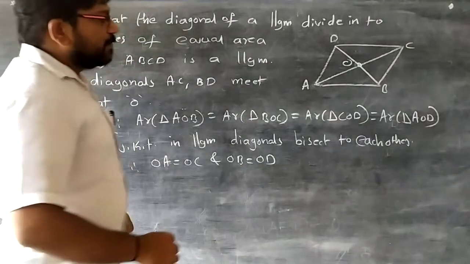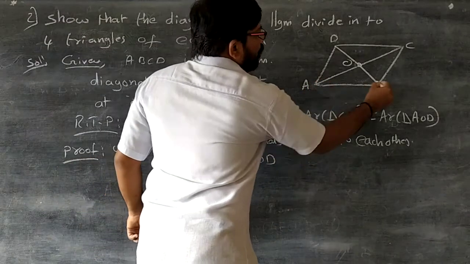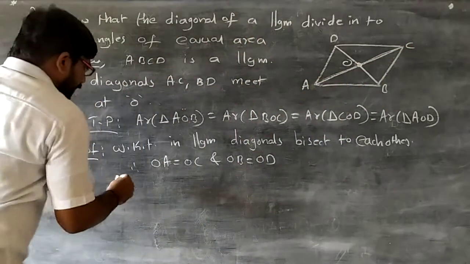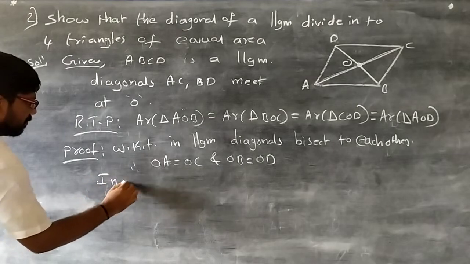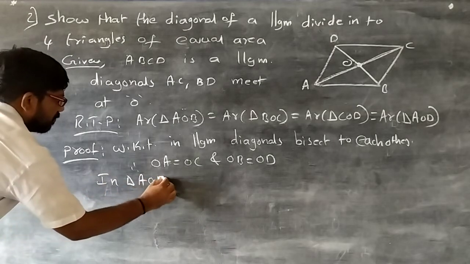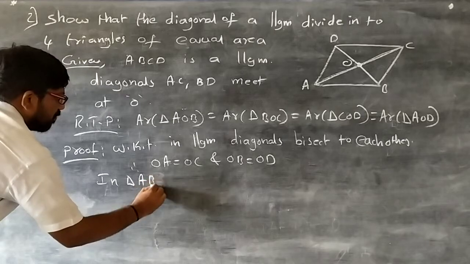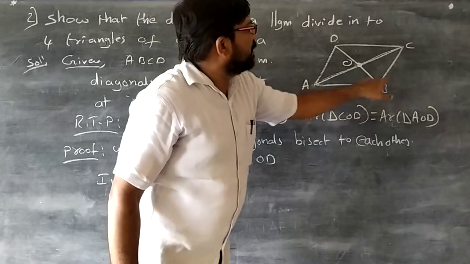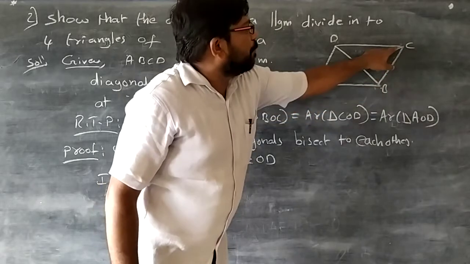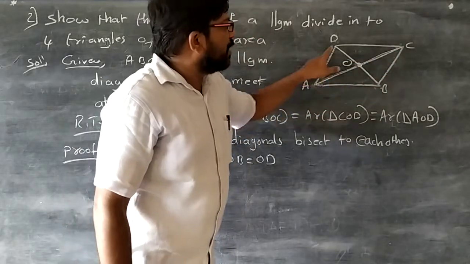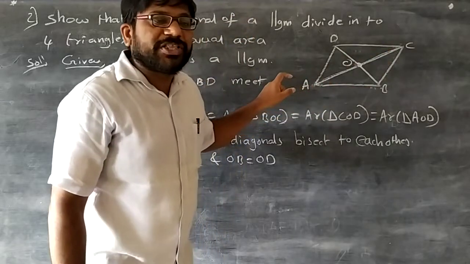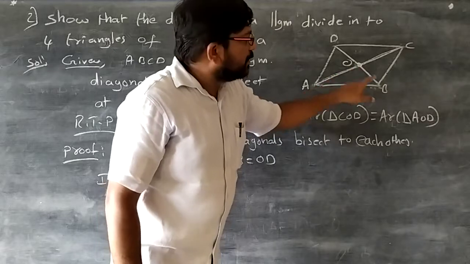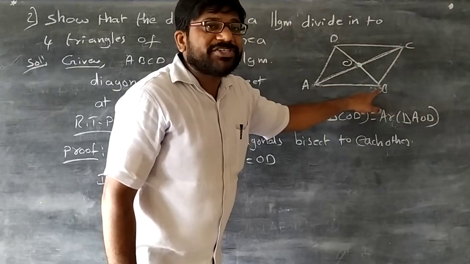So now take the triangle ABC. Take this triangle. Observe carefully, ABC. In triangle ABC, O is the midpoint of AC. We know very well diagonals bisect each other. Means in triangle ABC, O is midpoint. Then BO is median, right?